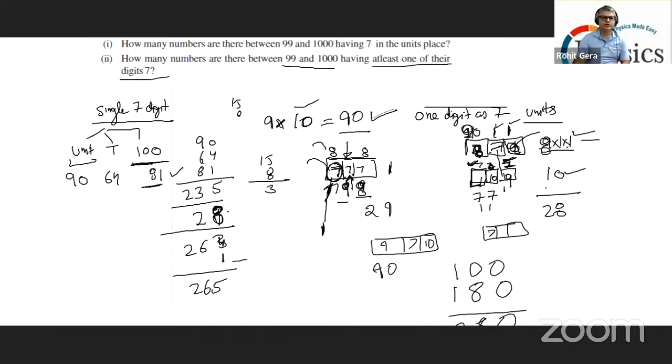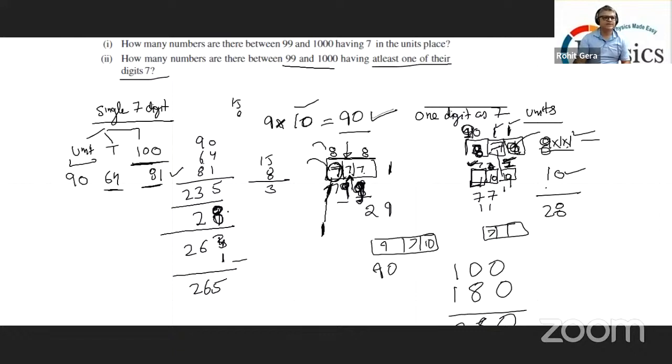7 is used here. In the second digit, I can have 0 to 9 except 7. So 9 numbers. And again, I can have 0 to 9. Again, 9 numbers. So this is fine. 81.